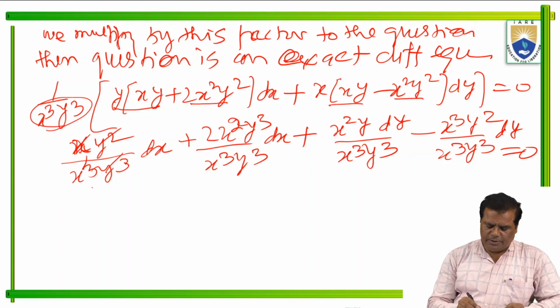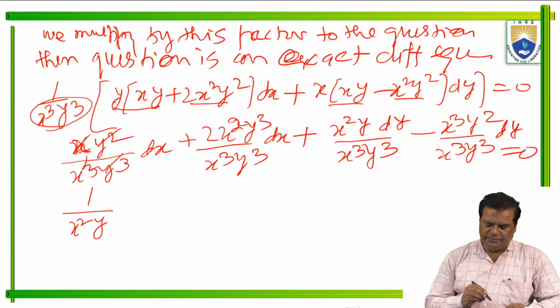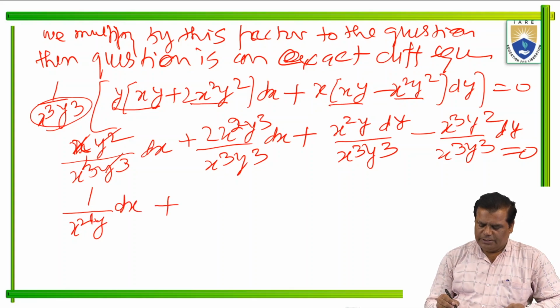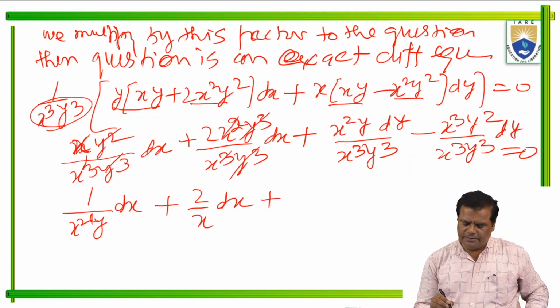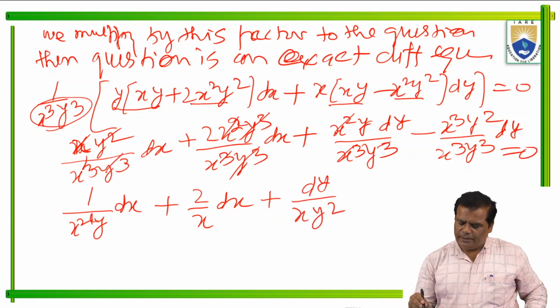So here is 1 upon x square y dx, plus here x and y cube cancel and 2 upon x dx only. Then here x square cancels and y cancels, so dy upon x y square. Last term, x cube cancels, y square cancels, minus 1 upon y dy.